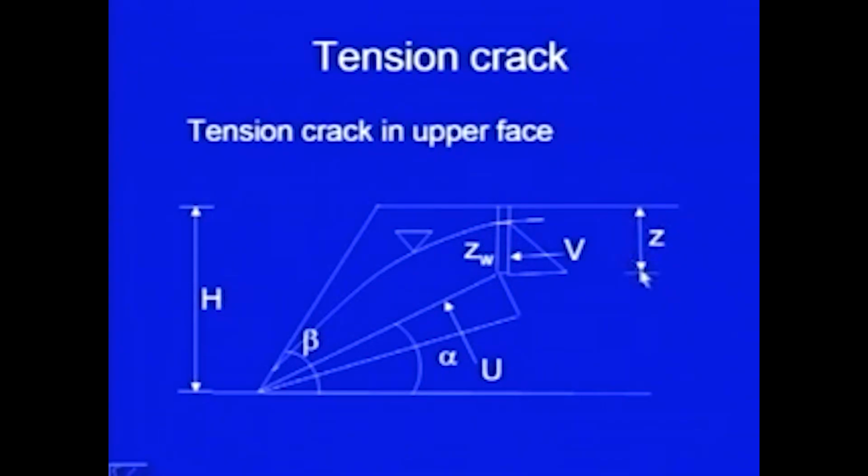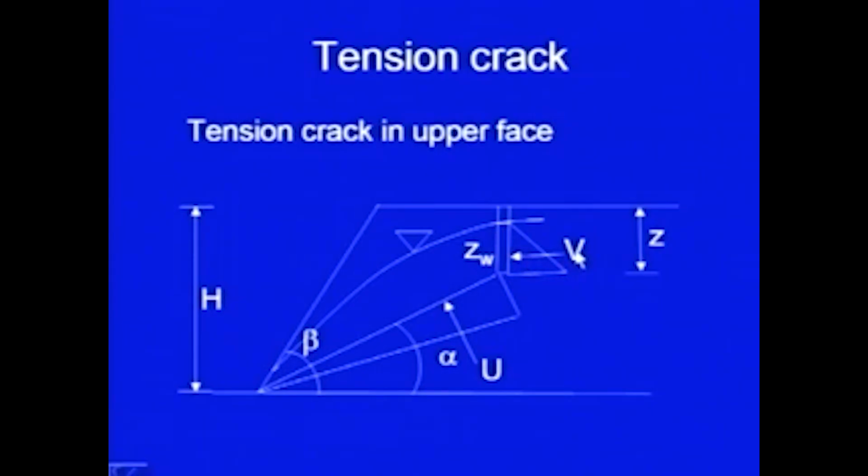The depth of the tension crack is Z, and we have assumed the water table also, water is also seeping. So, this is the water table, and in the tension crack the depth of water is equal to Z W. You can find out the distribution of the water pressure. So, the water pressure distribution diagram will be triangular here in the tension crack.